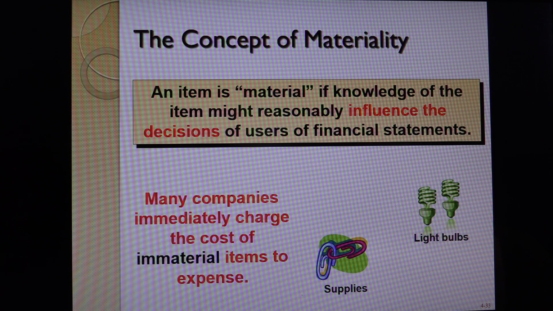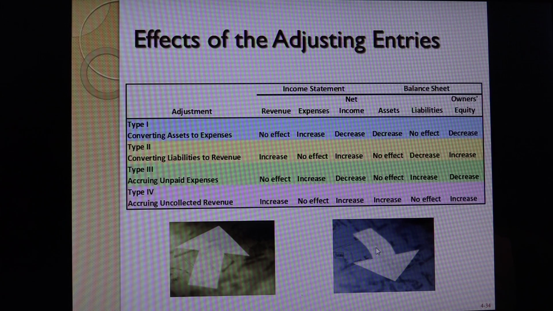And so, rather than capitalizing supplies necessarily and depreciating them, we simply at times go in and do a physical count and expense it at that point for what we've used.